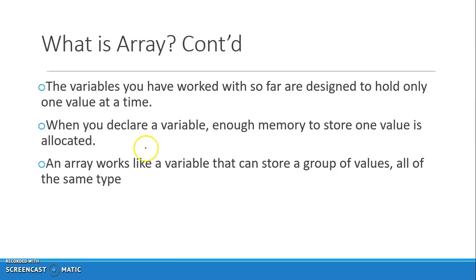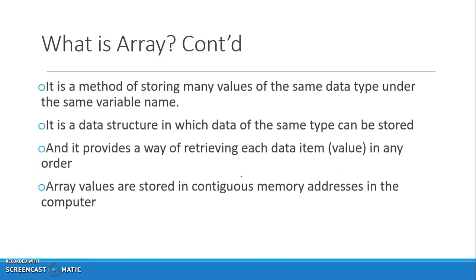It works the same way the simple or one-value variables work, but here we are storing a group under the same name. So instead of having 100 names for 100 integers, we are going to have 100 integers but with the same name. Okay, so an array is a method of storing many values of the same data type under the same variable name.